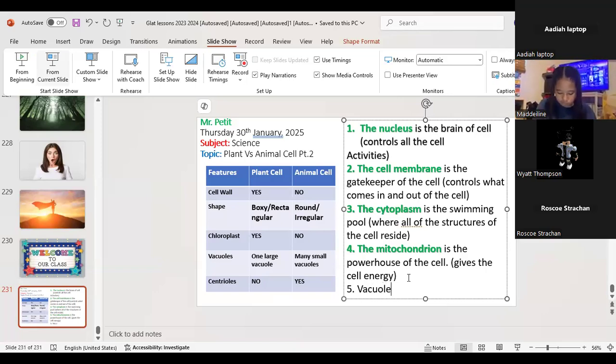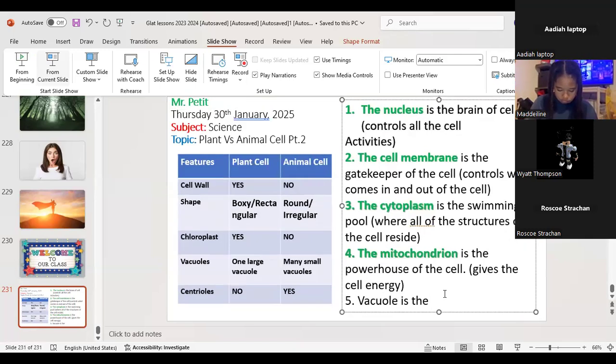The vacuole is the what? Can you zoom that in again, please? I have to write it down first. Y'all remember? Storage, right?